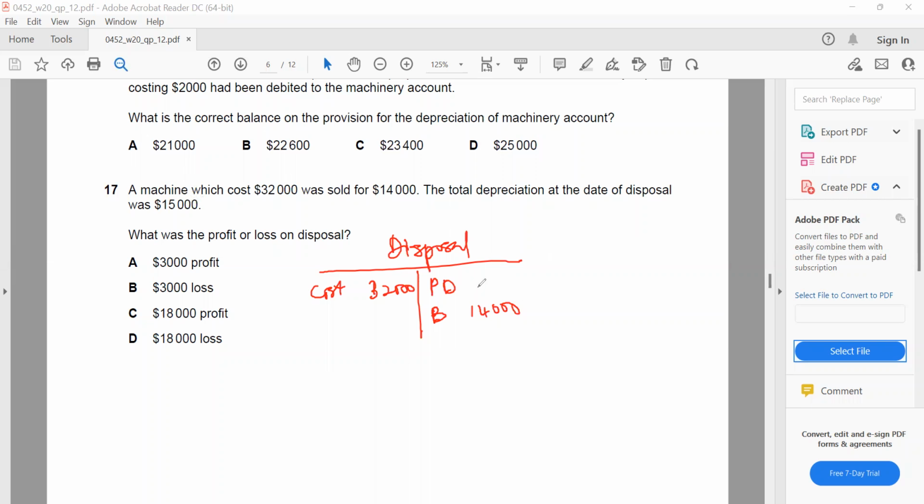So 15,000 depreciation. So this side is 29,000, here is more. So we have the loss, 32 minus 29, so we have a loss of 3,000. So this is a loss. Okay, so the amount of loss is 3,000. So the answer is B. Now let's continue.